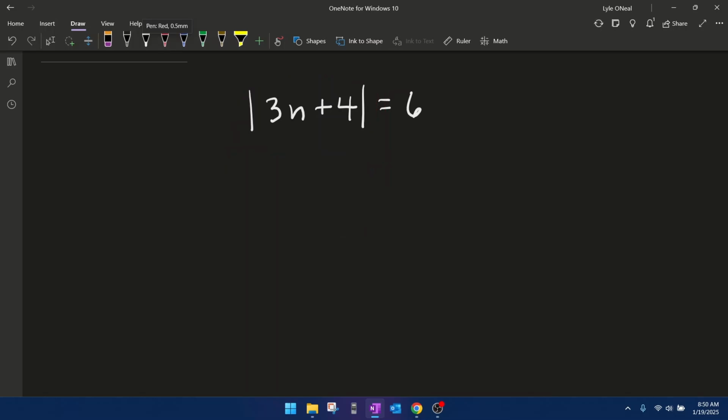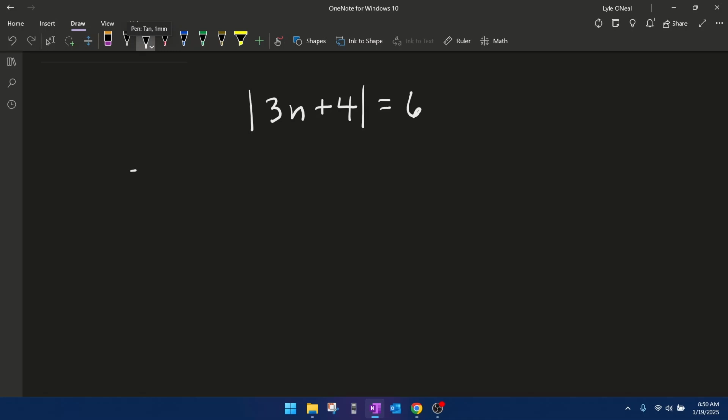But we can see there is nothing outside of the absolute value bars, so the absolute value in this case is isolated. And then we can see what it's equal to. In this case, our absolute value equals a positive number. Now that's going to indicate that we're going to have two solutions.